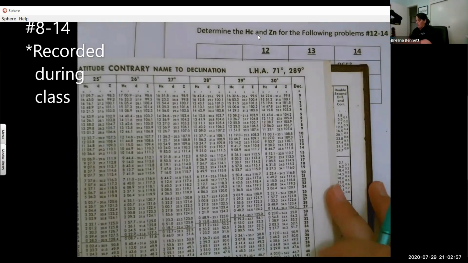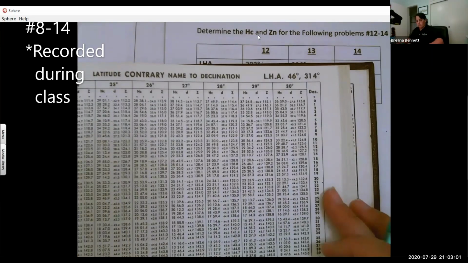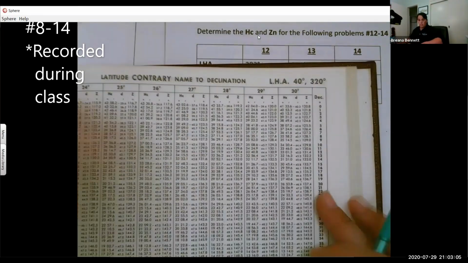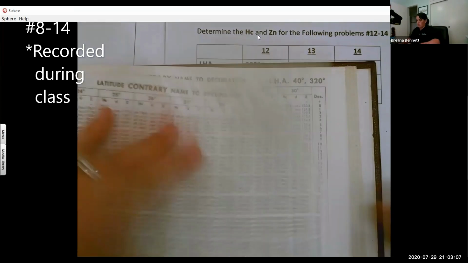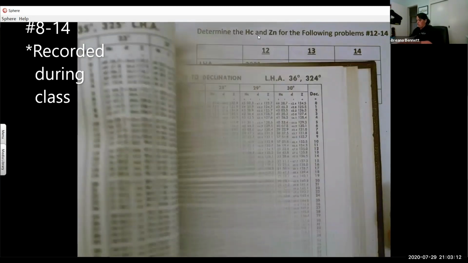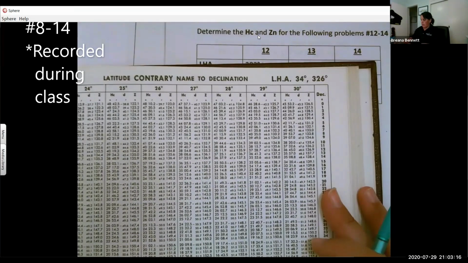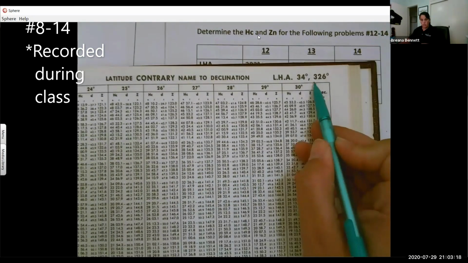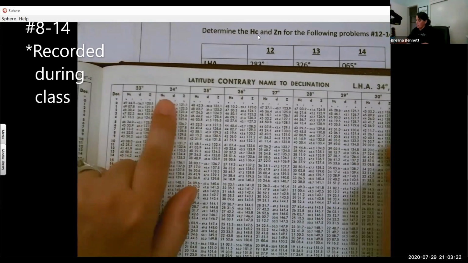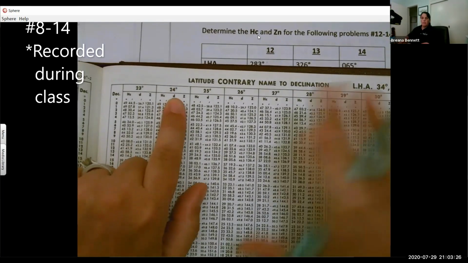So I have an LHA of 326 and a latitude of 24 on the same page.